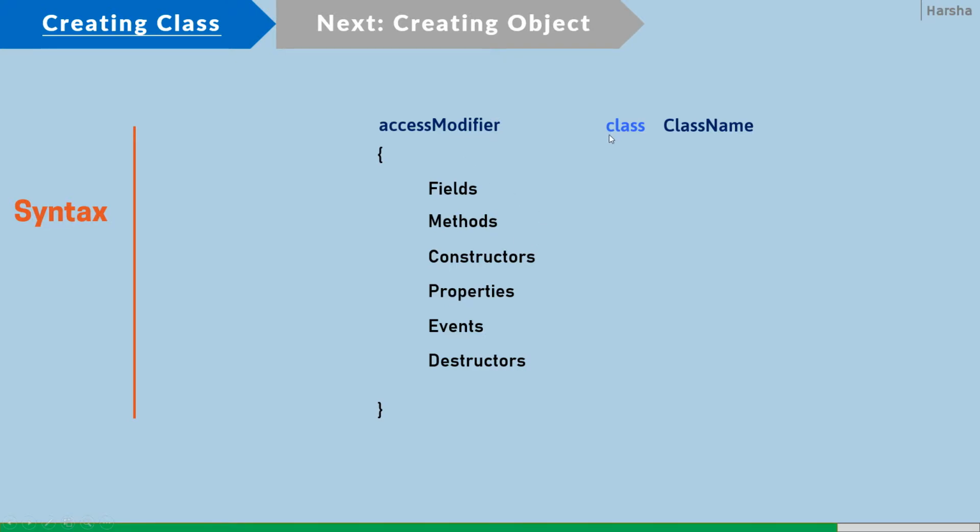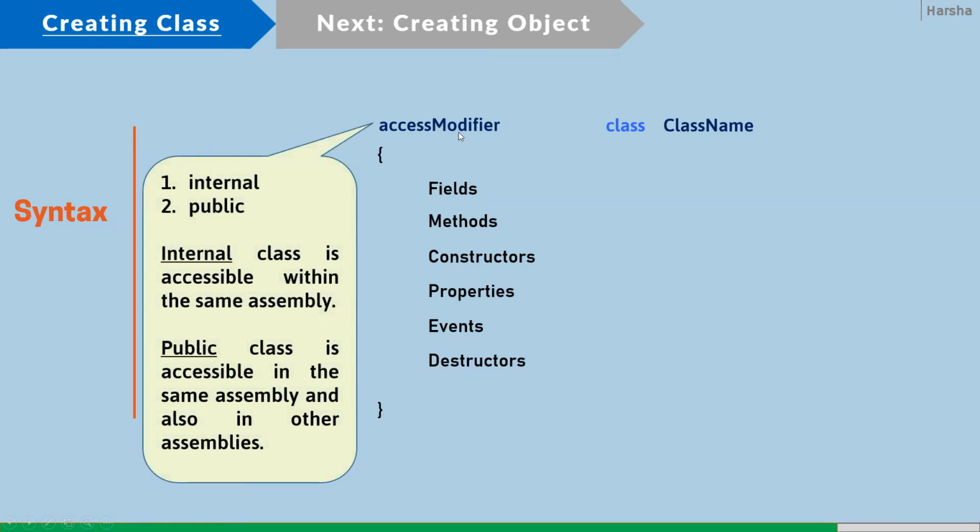At the left hand side of the class keyword, you can write the access modifier. The access modifier is a keyword that specifies where the class can be accessible. For any C# class, you can apply two types of access modifier, that is internal and public. The internal class can be accessible within the same assembly, that means within the same project.